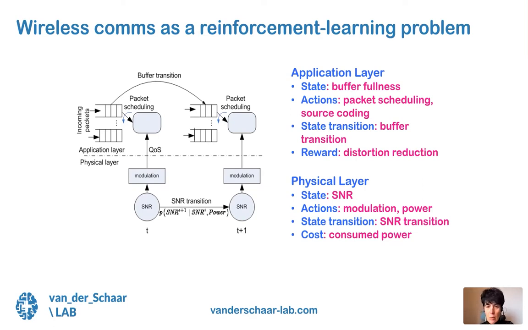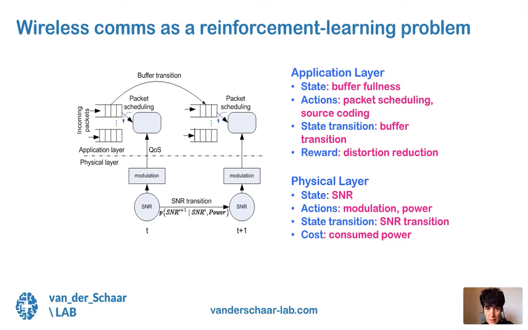At the physical layer, we have as the state the signal-to-noise ratio, and as actions the modulation and power associated with the transmission. The state transition is the signal-to-noise ratio transition. The cost is the consumed power. So this is an example of how we can map this problem into Markov decision problems.